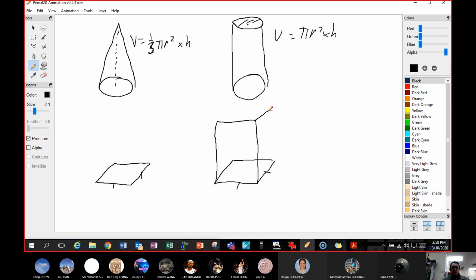Let's say the base is 10 by 10, and let's give a height of 20. This is a similar question to one I was just doing in the Year 9 exam, the Alpha 1. The volume would be the cross section, which is 100, times 20, which is 2,000 cubic units. I'm calling it cubic units because I didn't define if it's centimeters or whatever.